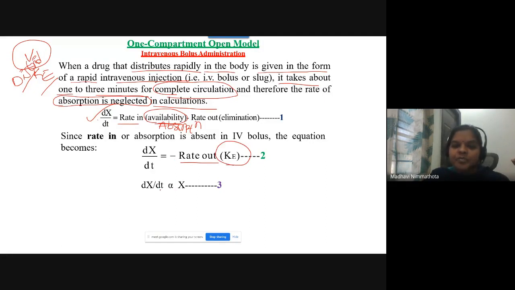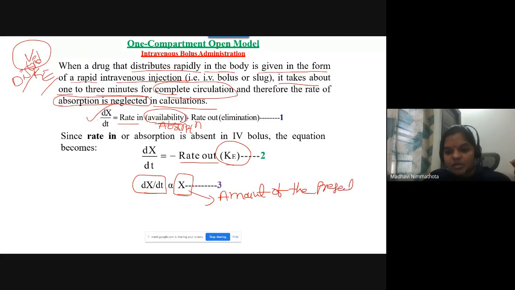So this dx by dt is directly proportional to the amount of the drug present in the plasma. Why have you written the amount of the drug present in the plasma?